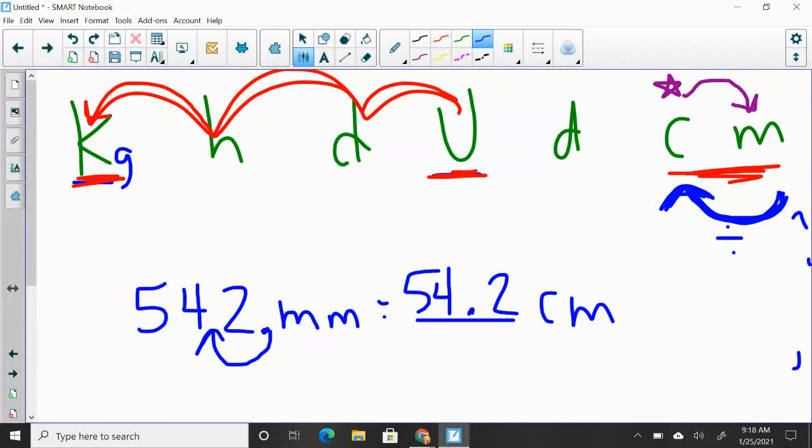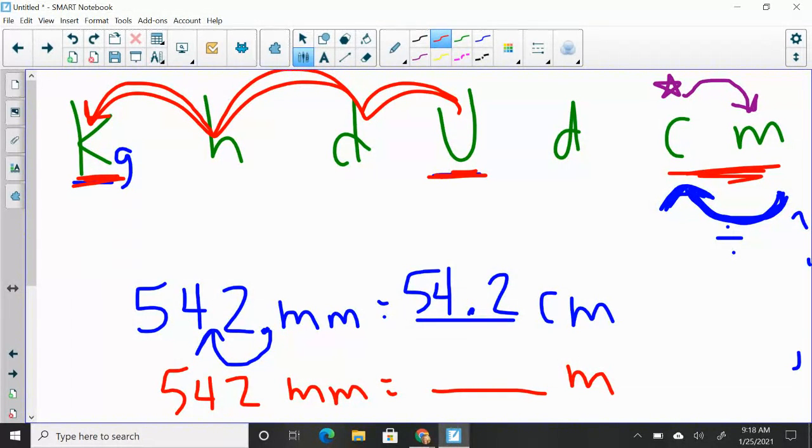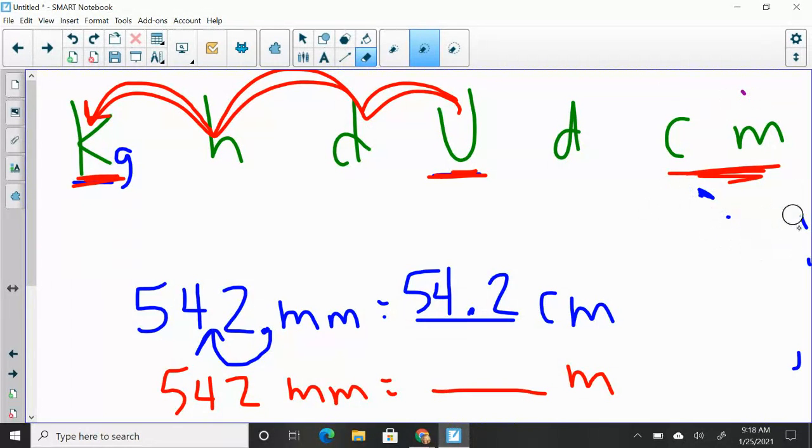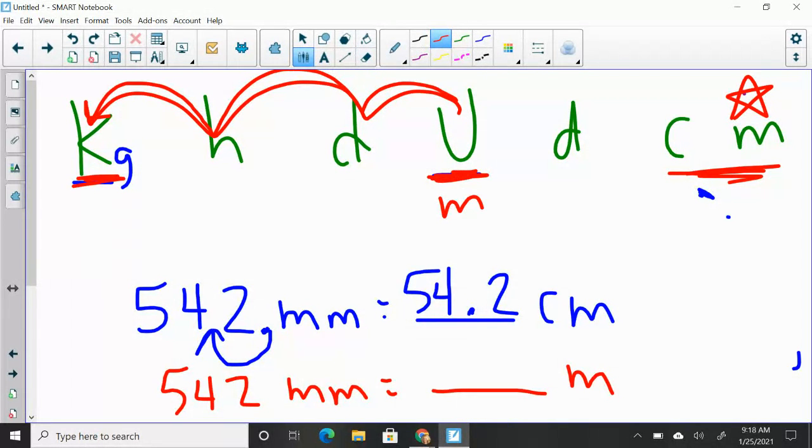Okay. If I was going from millimeters to meters, so I'm going to start, let me get rid of this. All right, I'm going to start from my millimeter spot, which is here. I'm going to go back to meters, which is right here. This is my base unit.